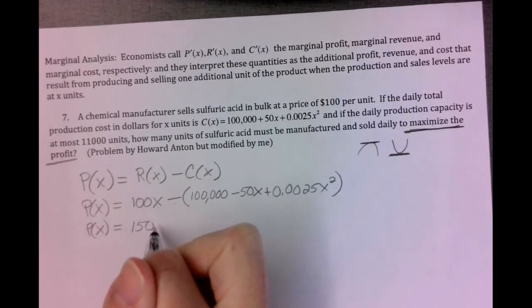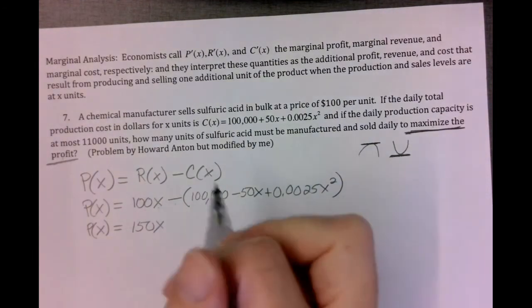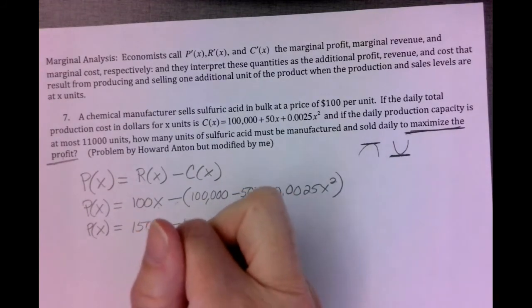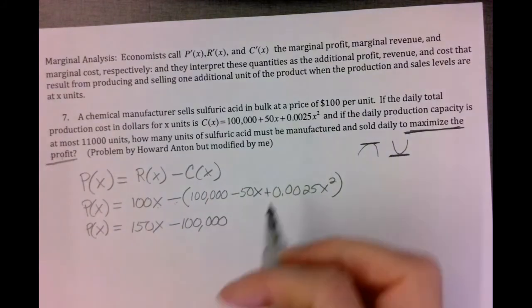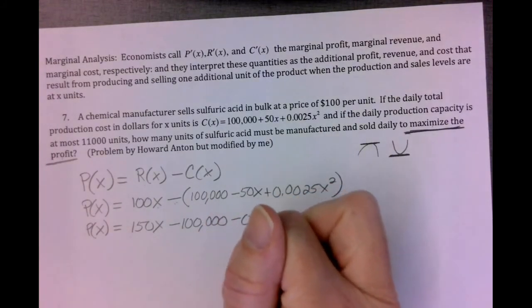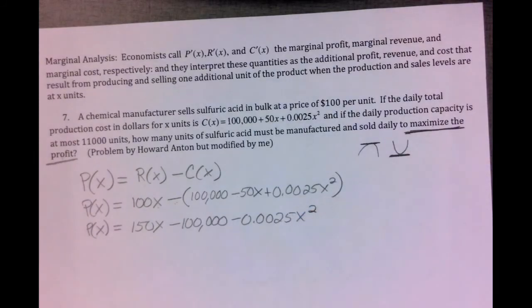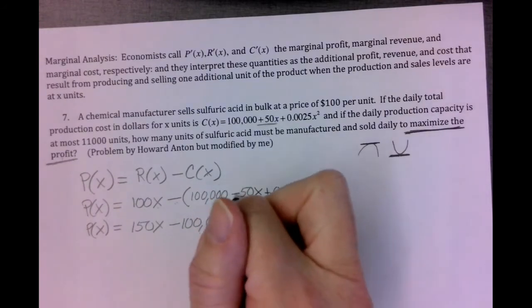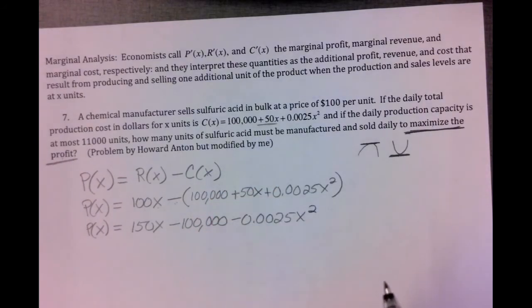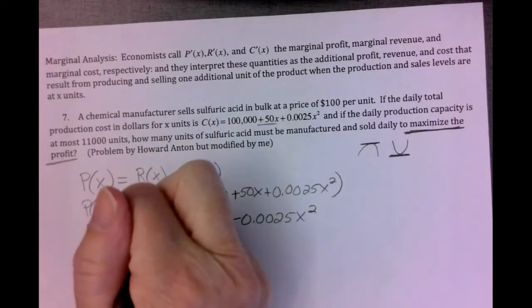Then I go to minus 100,000, then minus the 0.0025x squared. Oops, I got a typo, I just realized that. This is a plus, and I wrote it down as a minus, so that's going to change. So that's a plus, and then that takes my first term now to a 50x. Sorry about that.